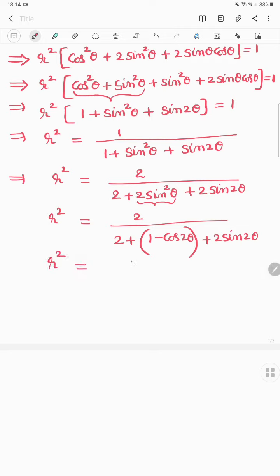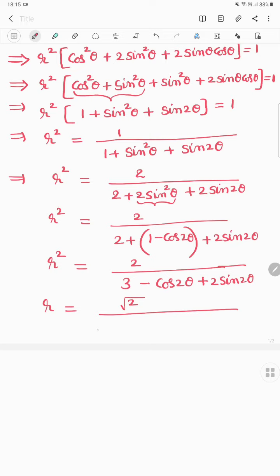R square equal to 2 divided by 2 plus 1 is 3, minus cos 2 theta plus 2 sin 2 theta. They are asking R value: root 2 by root of 3 minus, if we consider, cos 2 theta minus 2 sin 2 theta.